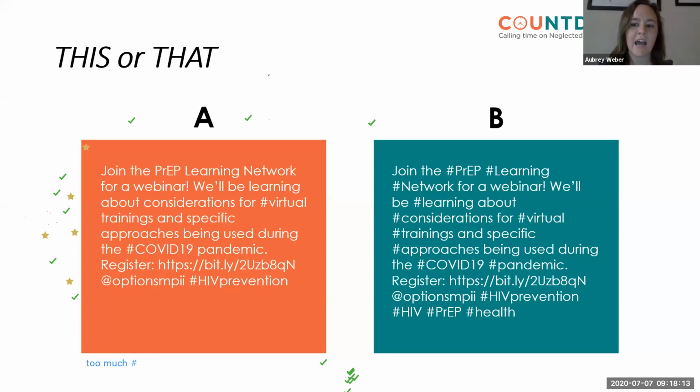The words that are tagged do not necessarily relate directly to the content being shared. For example, we have a hashtag before the word considerations, which could be about anything. We also have a hashtag in front of network and learning and trainings and virtual and approaches. It's a lot. So yes, tweet A is the winner here.